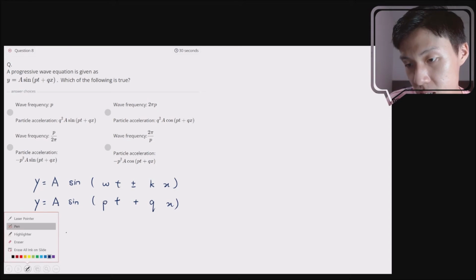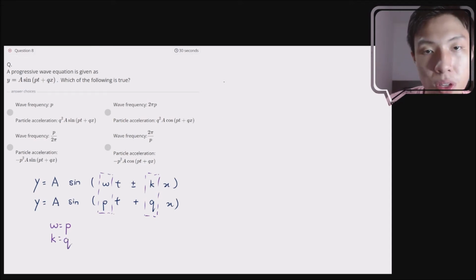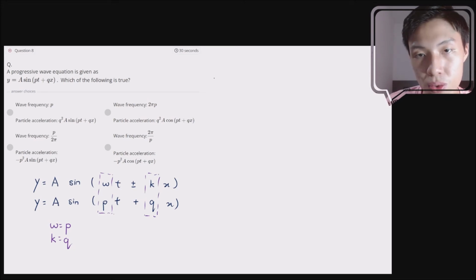From this comparison, we can conclude that our angular frequency is equal to p, and our wave number is equal to q. So omega is equal to p, k is equal to q. Now we know that already. The first thing you want to determine is frequency.